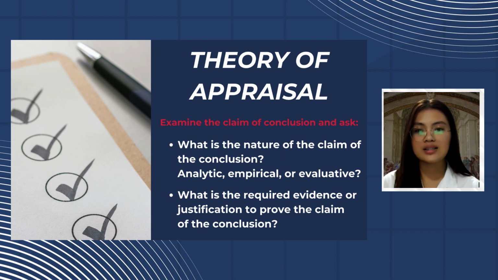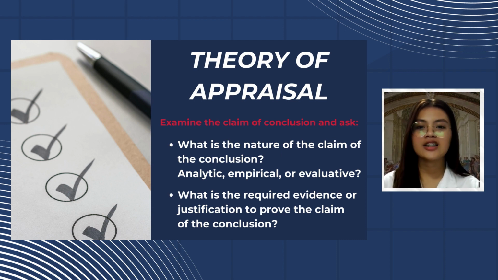The first one is, what is the nature of the claim of the conclusion? Is it analytic? Is it empirical? Or is it evaluative? And then we ask, what is the required evidence or justification to prove the claim of the conclusion? Here, we must be able to sort out various kinds of epistemic claims and determine the required evidence or justification to establish the claim.